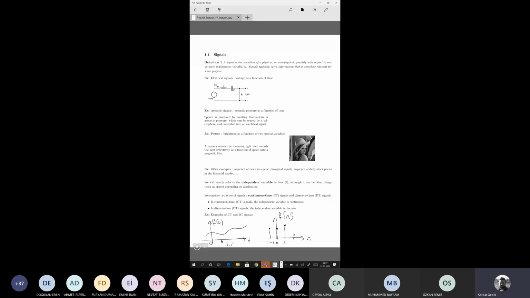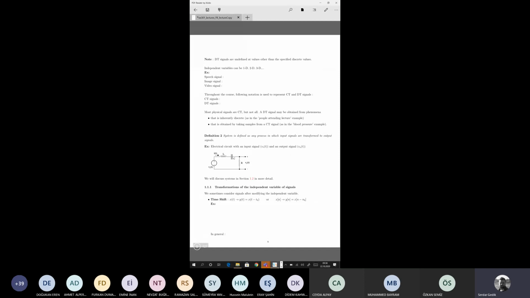This slide, this representation is very clear. In the discrete case, your independent variable is discrete, it is not continuous, it can have only discrete values. But in the continuous case, the independent variable is, as the name implies, continuous, and it can have any intermediate value depending on the signal.